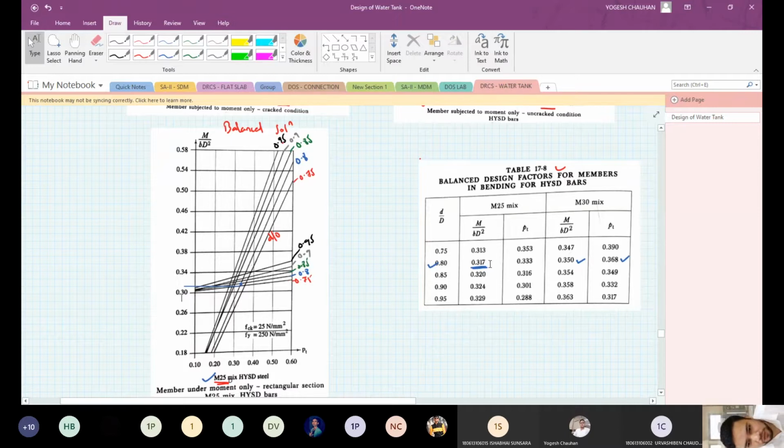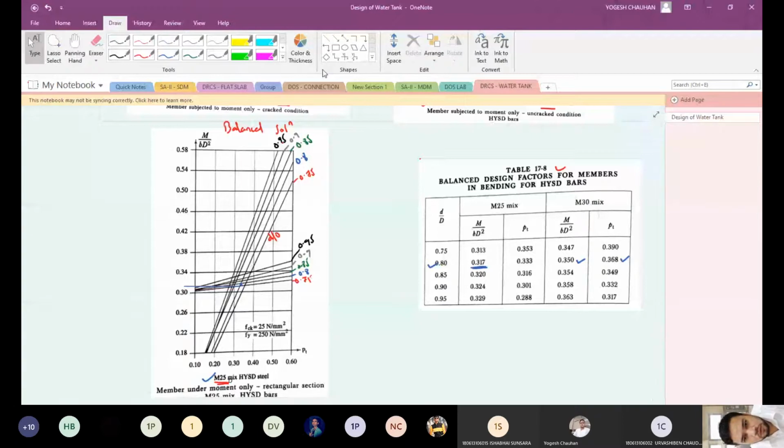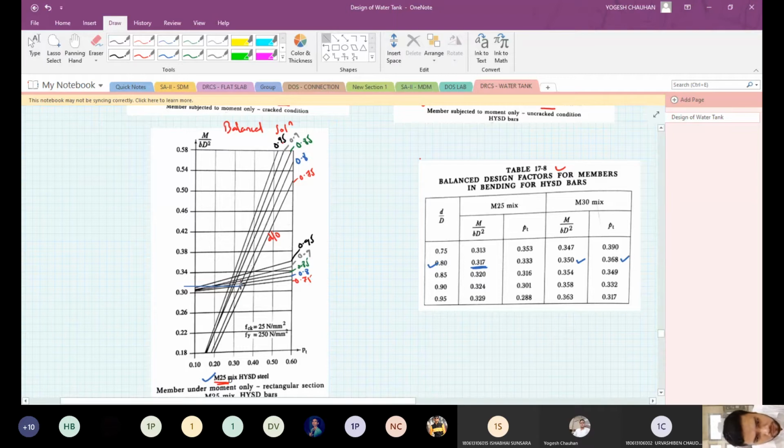And if you plot a vertical line, it will be around 0.333. That is this value.